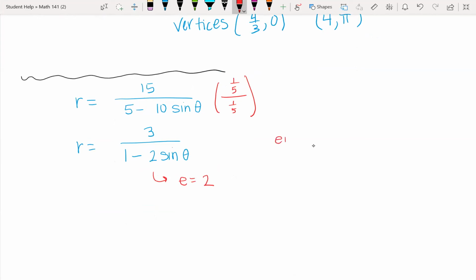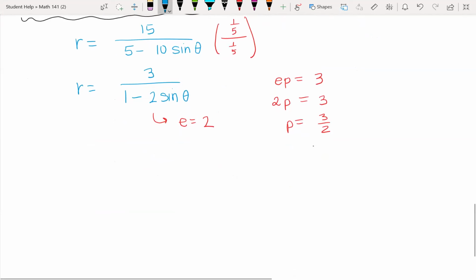And then E times P is equal to 3. And again, that's coming from the numerator. So I have 2 times P is equal to 3. So P is equal to 3/2, which is greater than 1 when E is greater than 1.